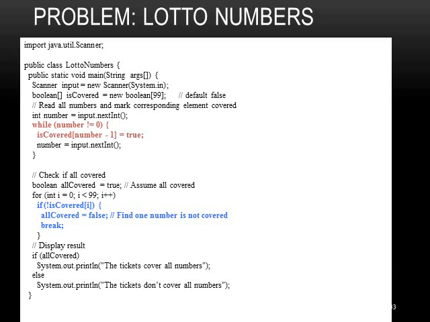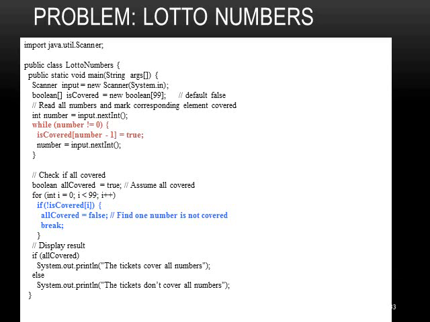Remember, an if body is executed if the condition is true. Since Boolean values are stored in the isCovered array, isCovered indexed by i will return either true or false.